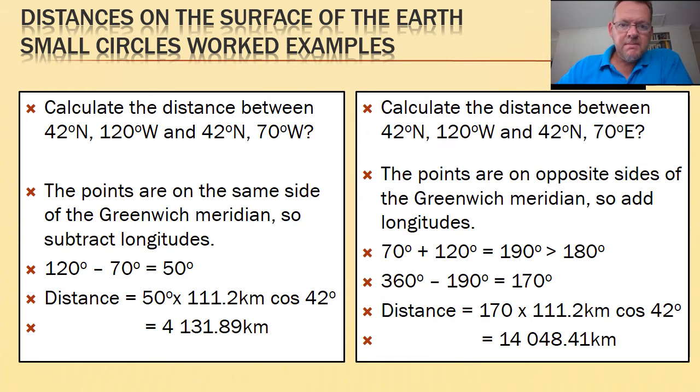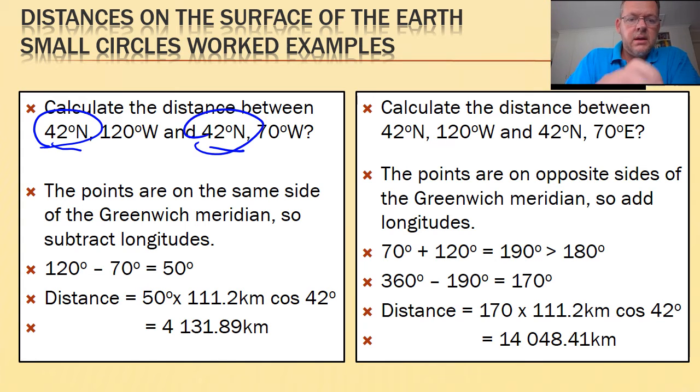Now let's consider some small circles worked examples. So looking at calculating the distance between 42 degrees north, 120 degrees west, and 42 degrees north and 70 degrees west. So the first thing I notice is that they're traveling north of the equator, and we are traveling from west to west.